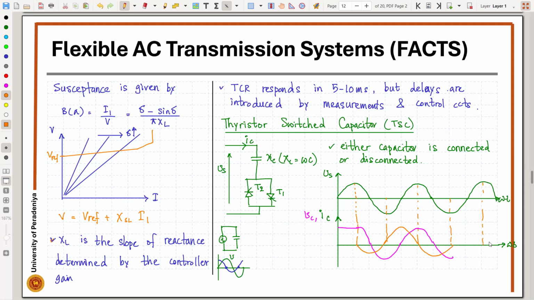Now when we want to turn off the thyristor switch capacitor, again we are doing it when the voltage is at positive or negative peak. So let's say we are turning off at this point. The capacitor voltage now will remain at the negative peak, and the current is going to be zero thereafter. So that's how the thyristor switch capacitor is going to operate.